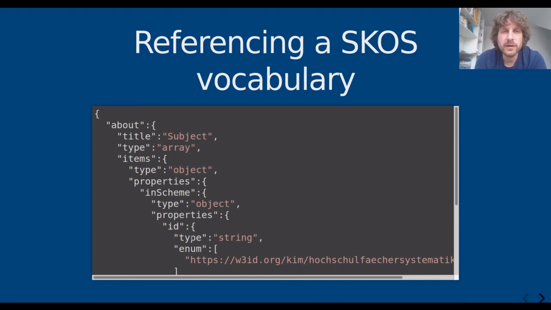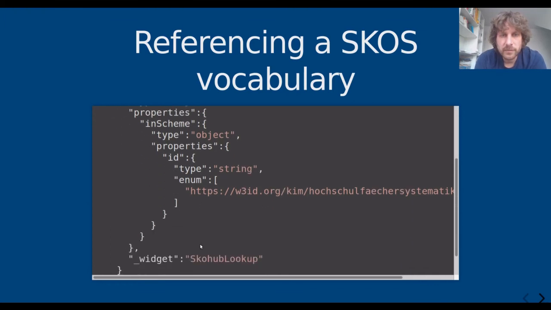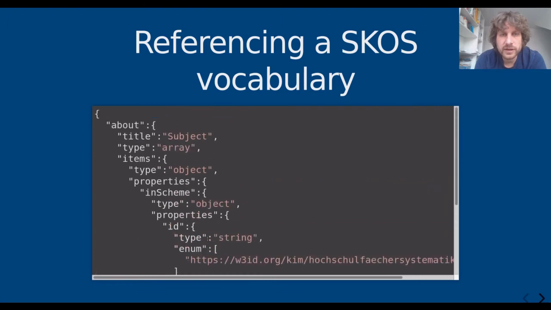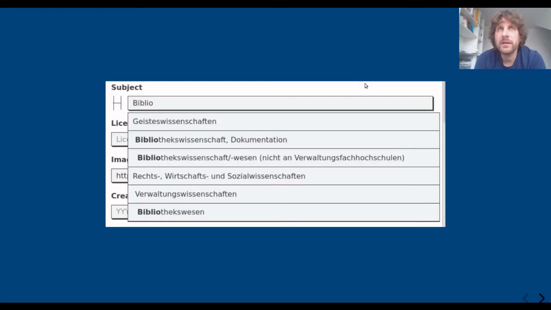This is how it looks when I reference the SCOS vocabulary by adding the SCOHub lookup widget here, and by saying in which scheme the referenced SCOS concept should reside. This is what it looks like in the editor then.